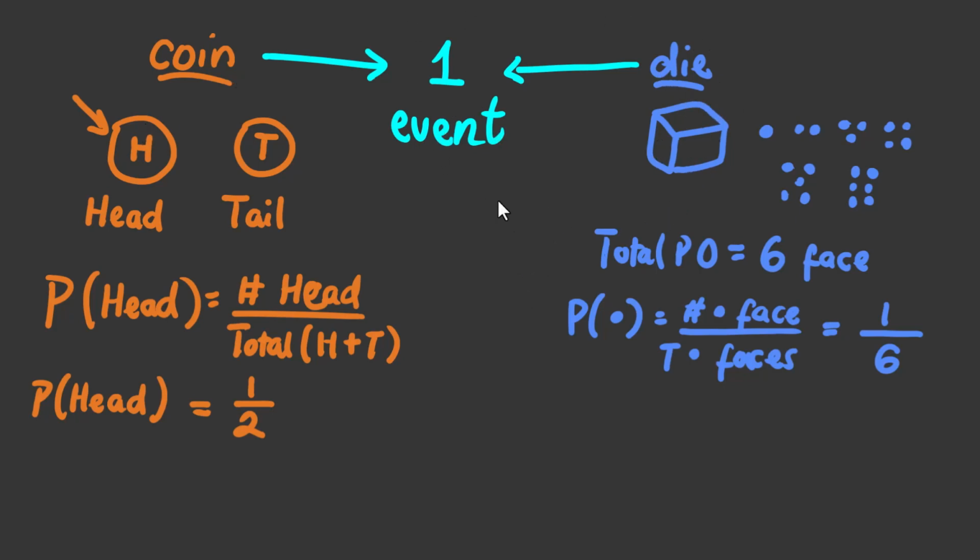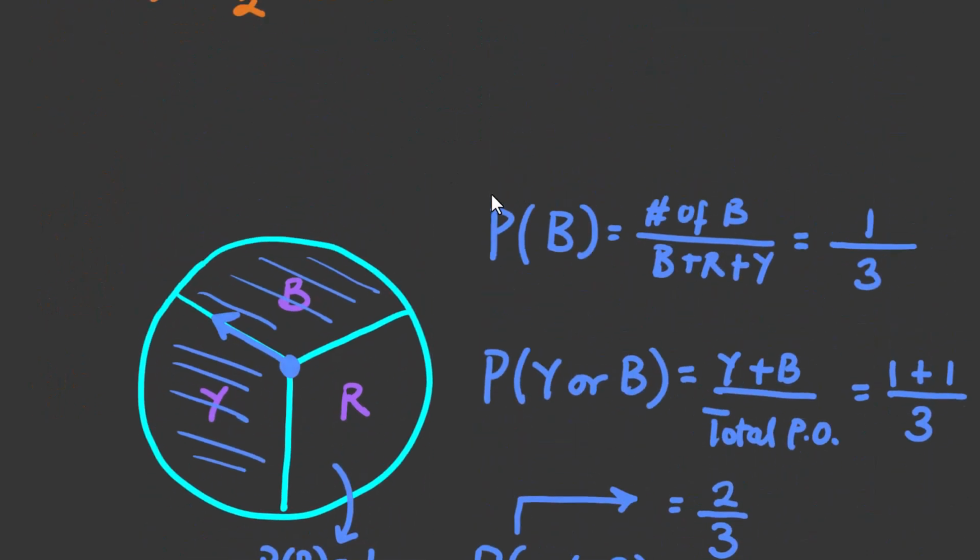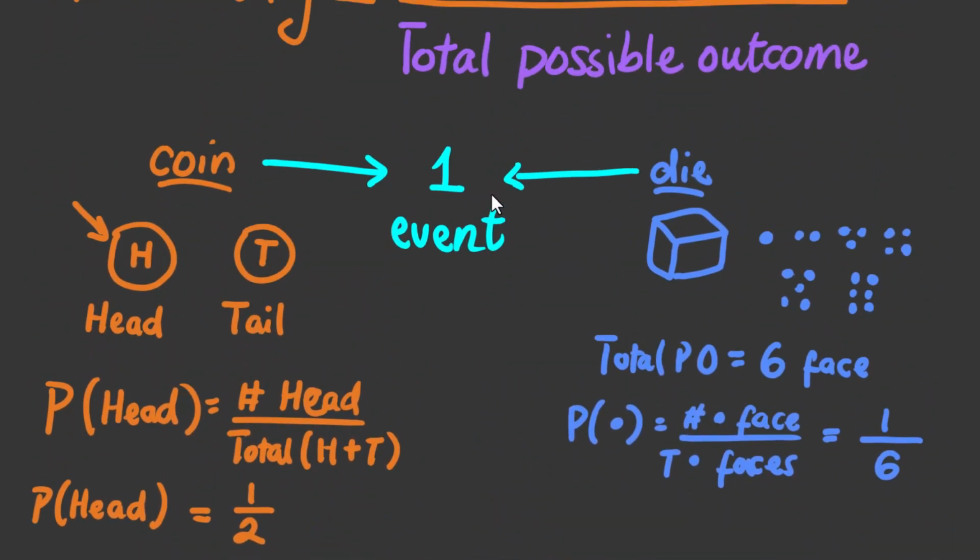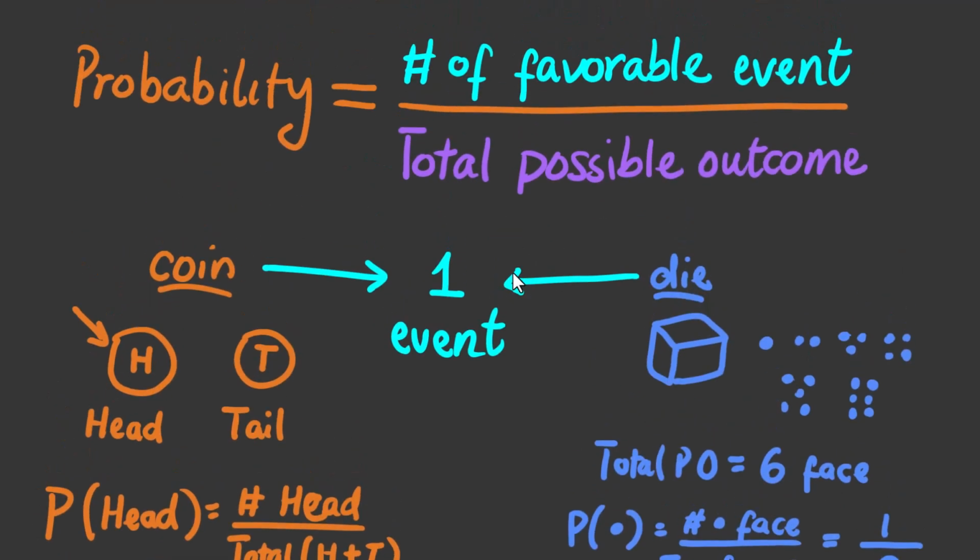These are all one event style questions that you're going to come across at different levels of math. Keep in mind that in our next video, we're going to look at 2 events and the 2 ways by which you can address 2 events happening at the same time.